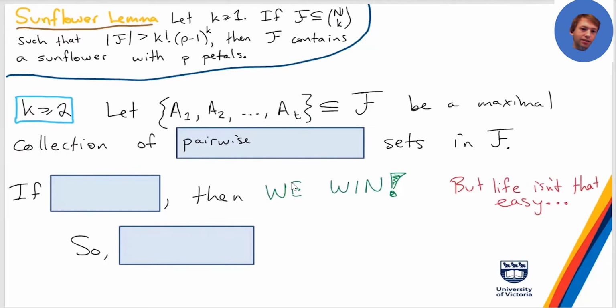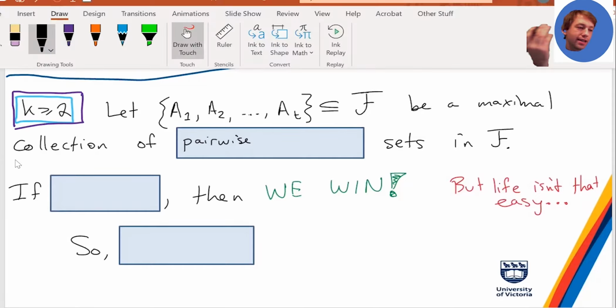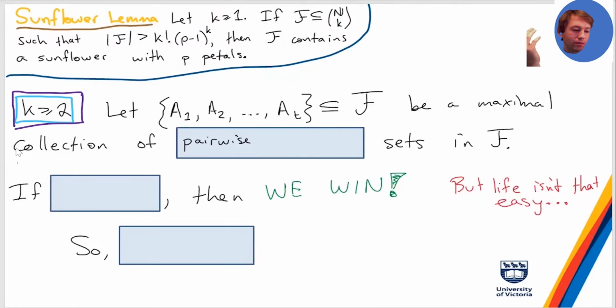Okay, so k is at least 2 now. We're doing the general case. Now, here's the issue: as I said, if we were looking for a sunflower with a non-empty core, you're not going to find it because the sets could be disjoint. So we need to address this at some point, that you could have just a lot of disjoint sets.